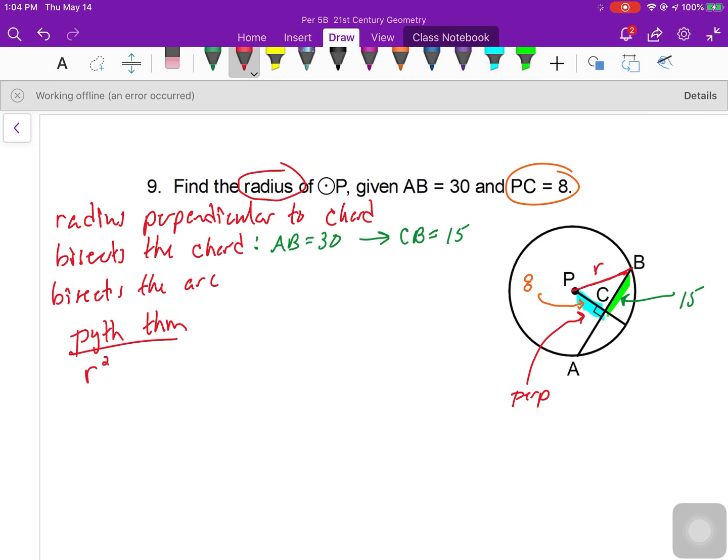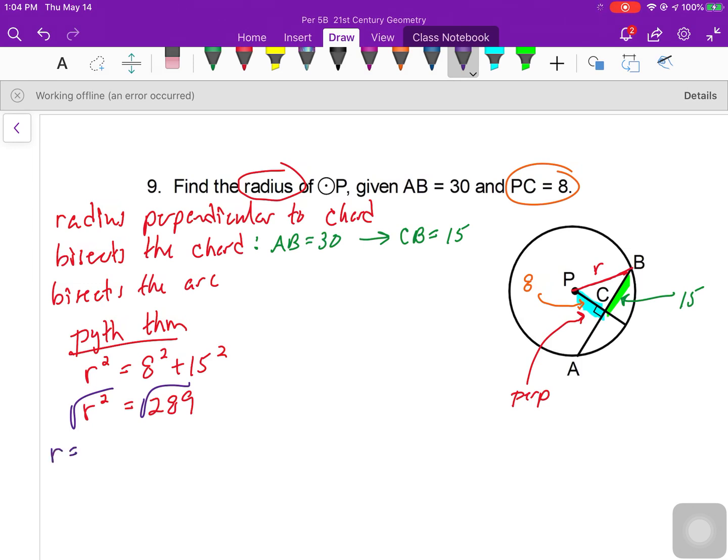So this is 15. And now we can go ahead and use the Pythagorean theorem. The radius squared will equal 8 squared plus 15 squared. And when we work that out, 8 squared plus 15 squared works out to be 289.